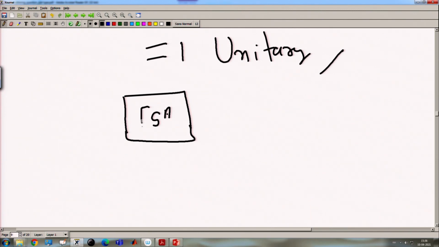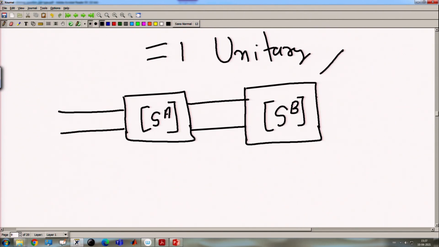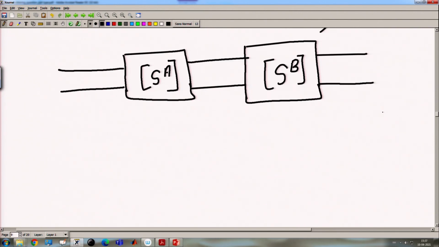This is SA, and another two-port network is like this. It is cascaded and its parameters are known to us. Here it is port 1 and this is port 2.